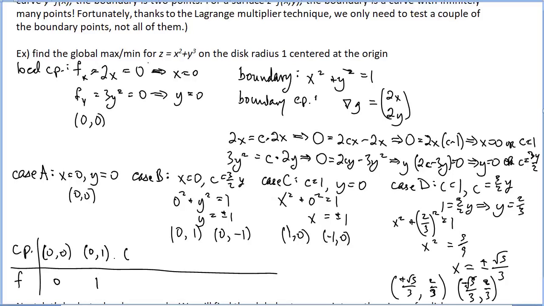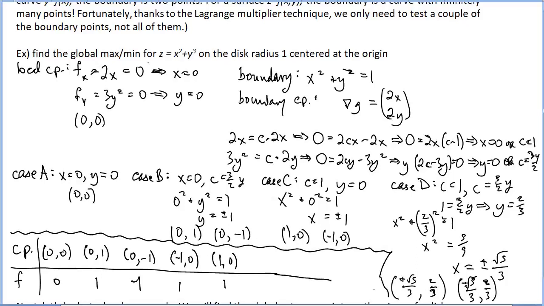Plugging in 0, negative 1 into the function, we get negative 1. Plugging in negative 1, 0, we get 1. Plugging in 1, 0, we get 1. Make a little space there.